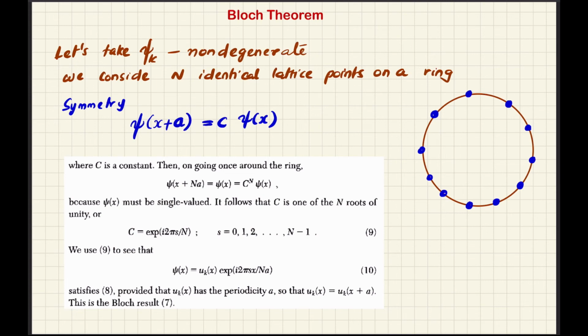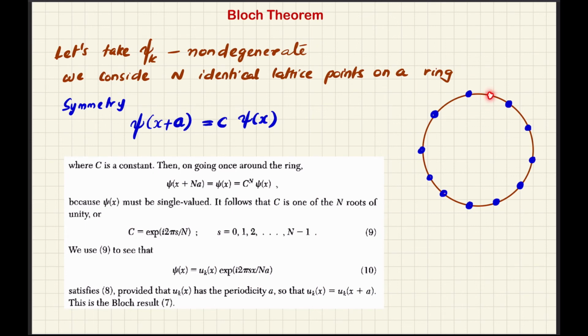According to the symmetry you can write psi of x plus a equal to c times psi of x. That means the wave function at x plus a is just a c number, a complex number, times psi of x.